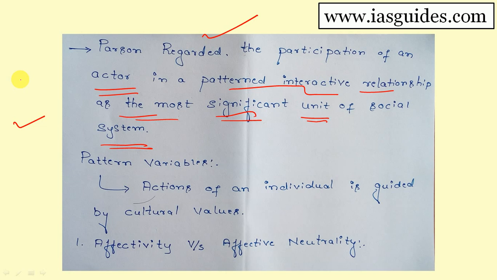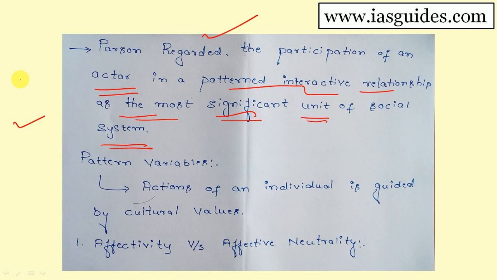Society is not haphazard. Society goes in a certain pattern, and the individuals within the society will be interacting with each other in a certain patterned interactive way. That is known as patterned interactive relationship between individuals in a society. This patterned interaction is the very basis of the social system. That means he considered the patterned interaction between individuals as the significant unit of the social system.